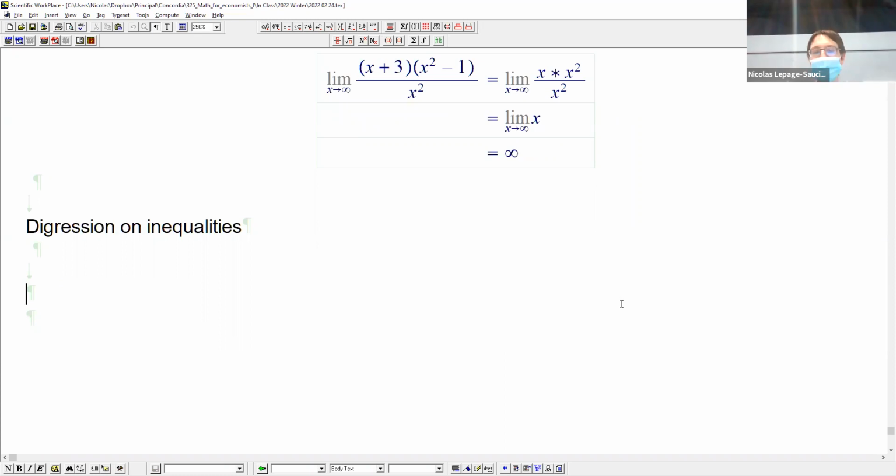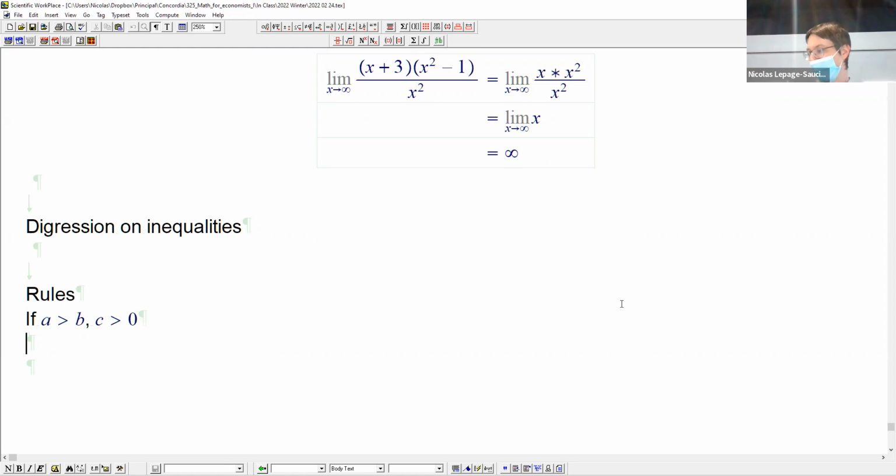Inequalities. So let's just discuss what everybody knows, but in a more organized manner. So some rules. If A is larger than B, and C is greater than 0, that's important.